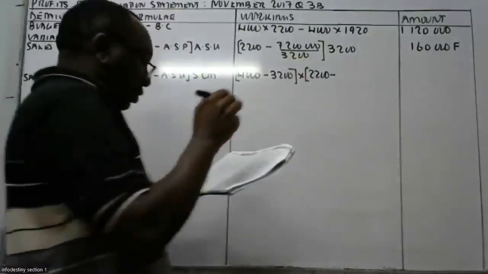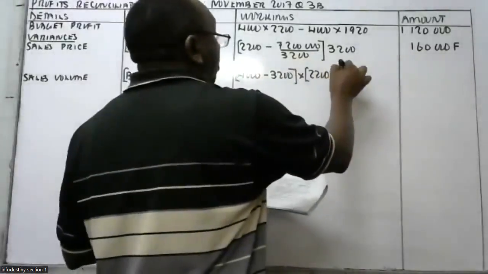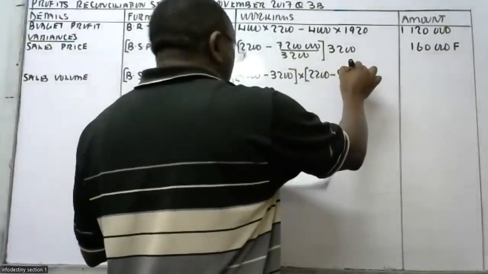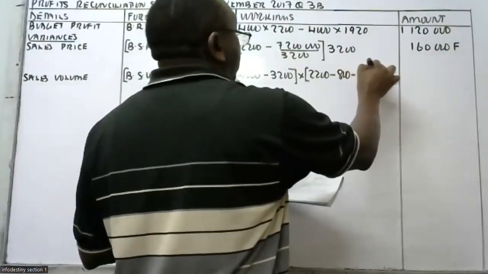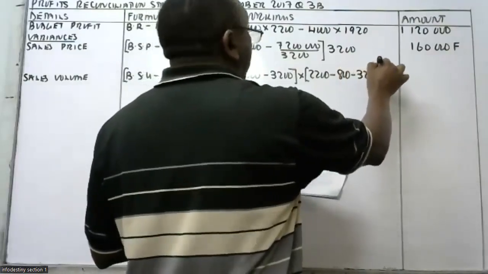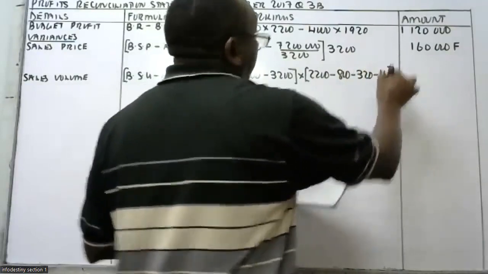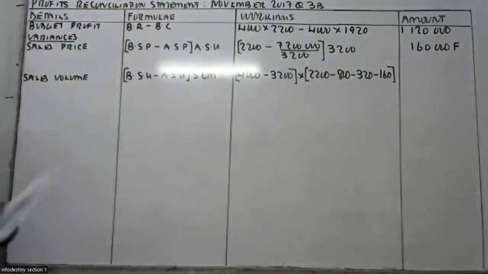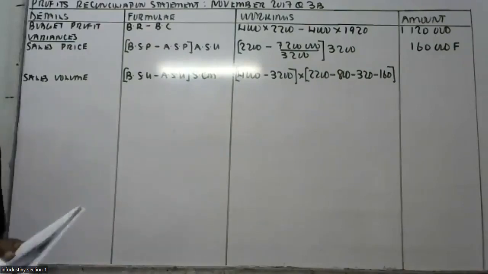If you go up, you will see there is a variable cost of 800, another of 320, and another of 160. That is how we get the contribution margin: selling price minus the variable cost. So this one will be giving us a contribution of 920.